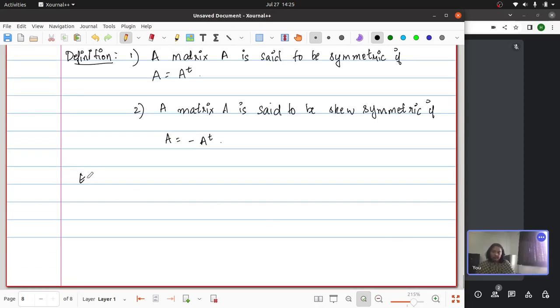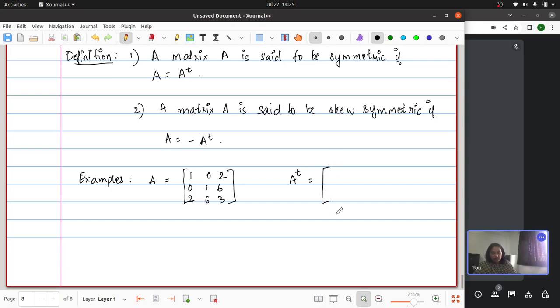So, we will look at an example. Let us take this matrix 1, and let us try computing the transpose.